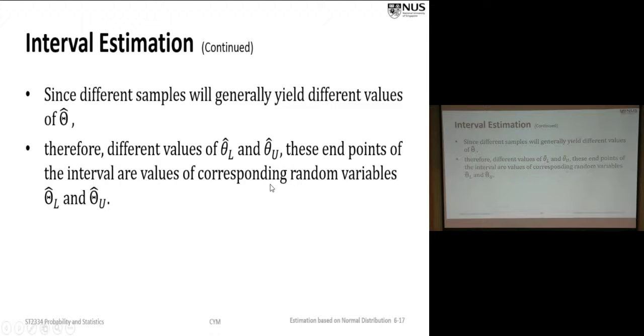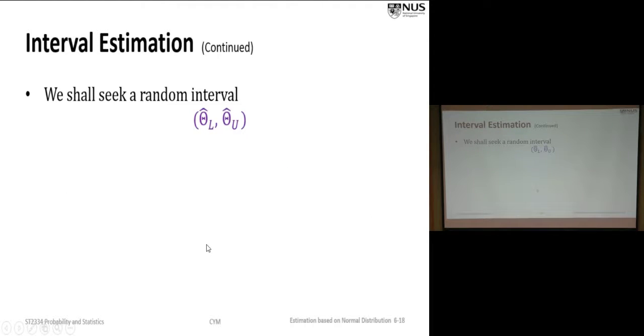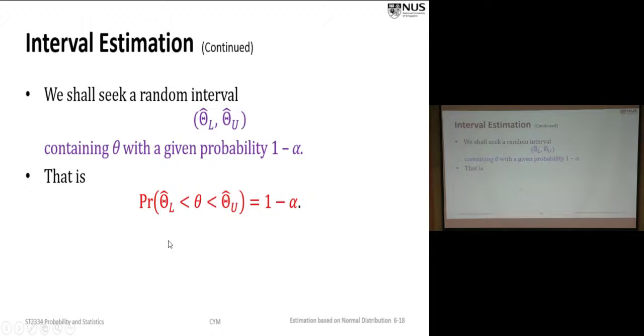So for a different sample, we have different lower and upper limits. We want to know whether this interval covers the true parameter or not. Here we try to find two statistics, as random variables, such that the probability that this random interval covers the unknown parameter theta is 1 minus alpha.